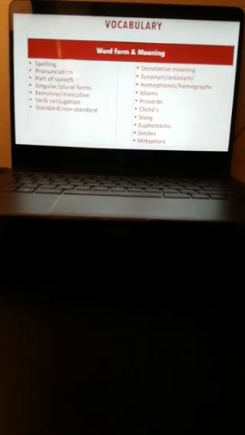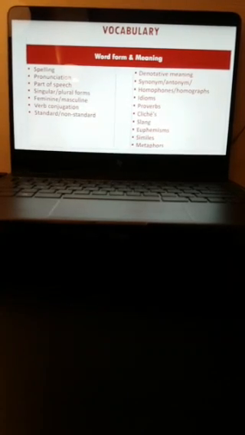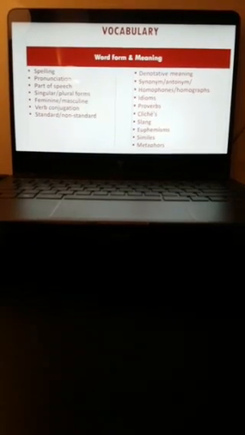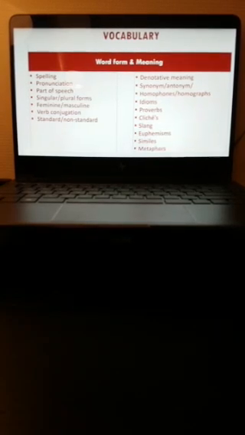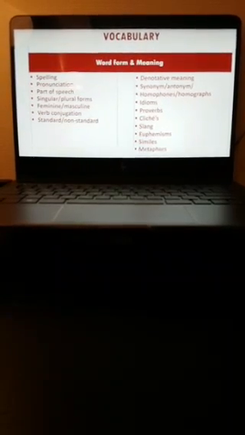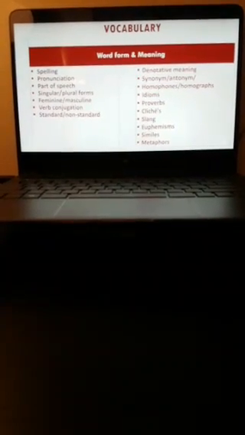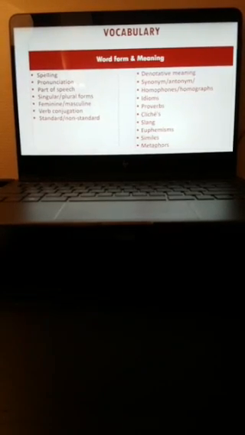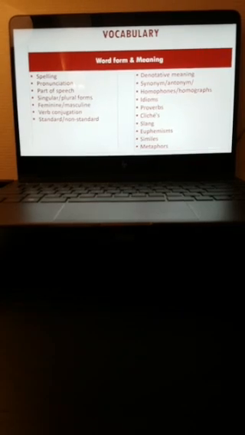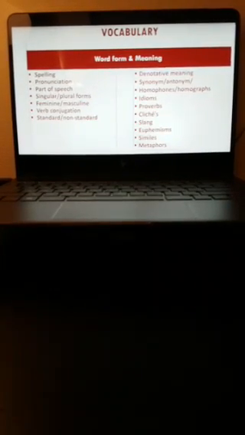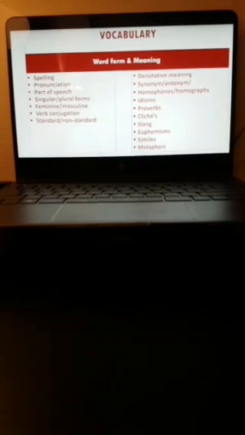Okay, vocabulary, or words, or lexicon, or lexical items. When we know vocabulary, or when we teach vocabulary, we have to teach the word form and the word meaning. Now, when we say the word form, it means how the word is spelt, pronunciation, its part of speech, the singular and plural forms, feminine and masculine forms.